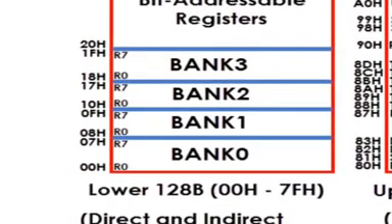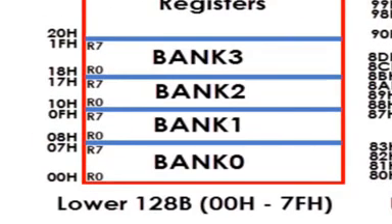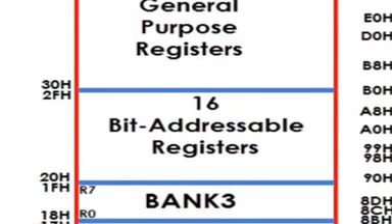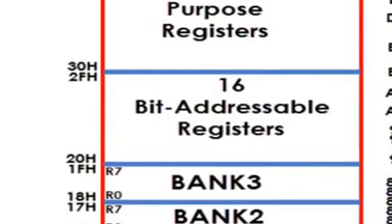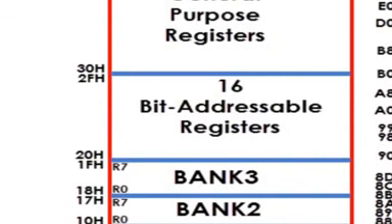So till here we saw 00H to 1FH. This is completed. Now you have bit addressable registers, which start from 20H to 2FH. So from this 20H to 2FH, this is the bit addressable register.